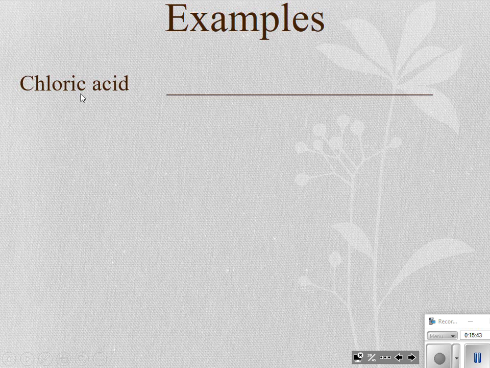So I am looking for chlorate. What is the chlorate ion? ClO3, and what is its charge? 1 minus, correct?